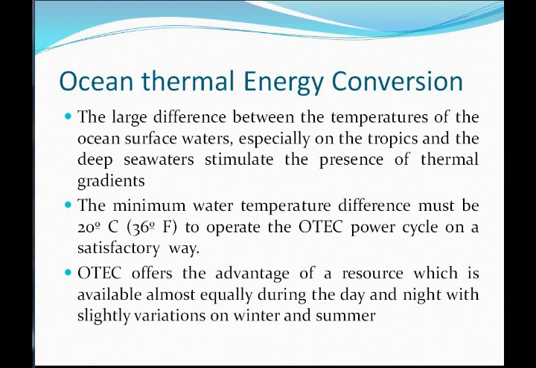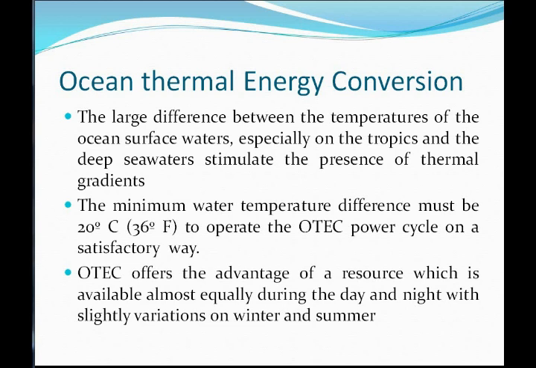The temperature difference between these should be a minimum of 20 degrees Celsius, that is 36 degrees Fahrenheit, to operate an OTEC plant. So these are usually used in the zones of equatorial waters between 10 degrees north to 10 degrees south, where you will have a good temperature at the equator.